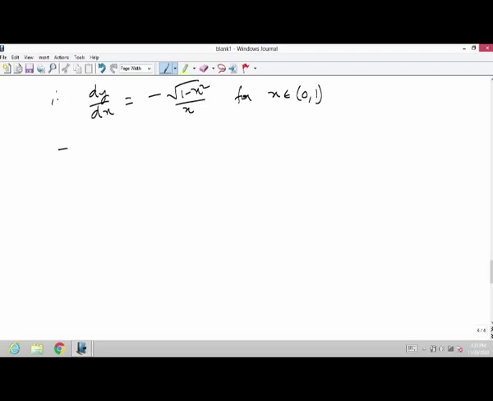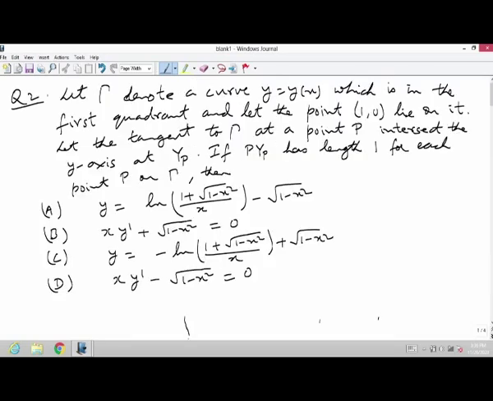This immediately gives that x times y prime, that is x dy/dx, plus square root of 1 minus x square must be equal to 0. So, therefore, option B is correct and option D is incorrect. So, we got B is correct. Now, we have to see whether A or C is correct or not.